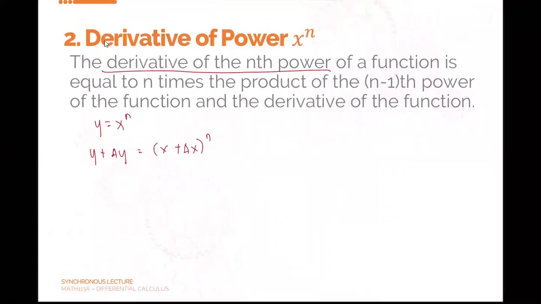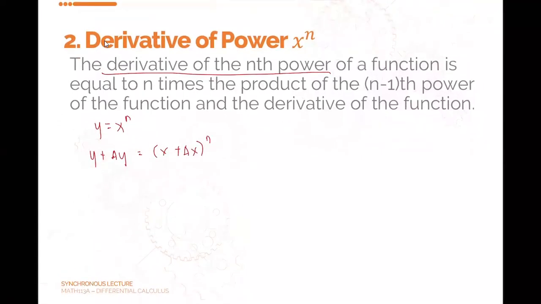Then if we expand the right side, y plus delta y is equal to x raised to n plus the succeeding terms: n x^(n-1) delta x plus n(n-1) over 2 factorial, and so on and so forth, plus the second term raised to n.